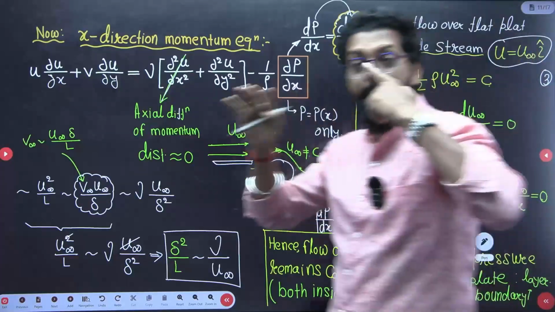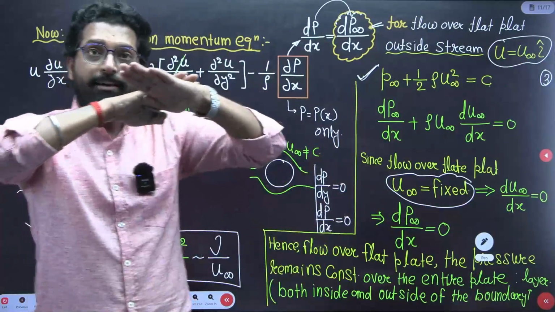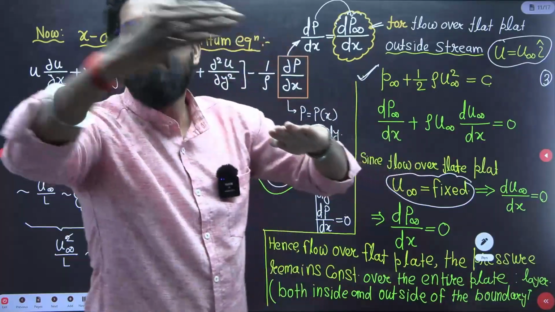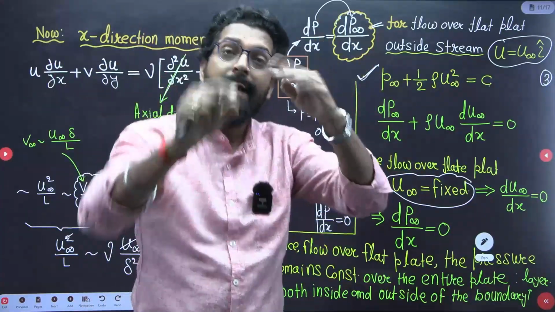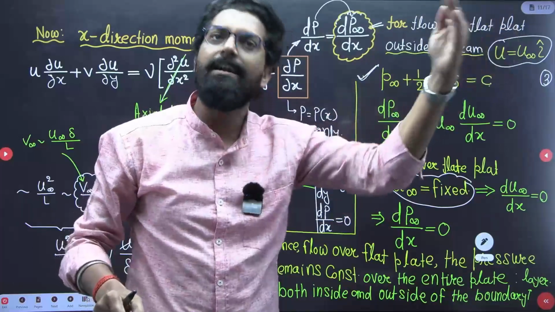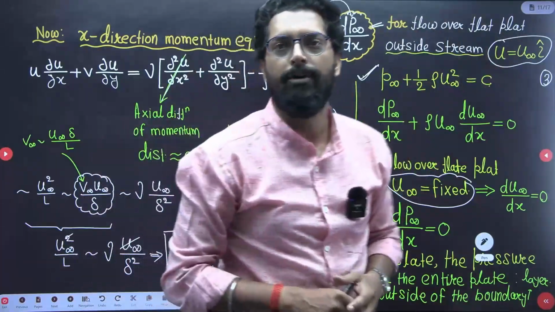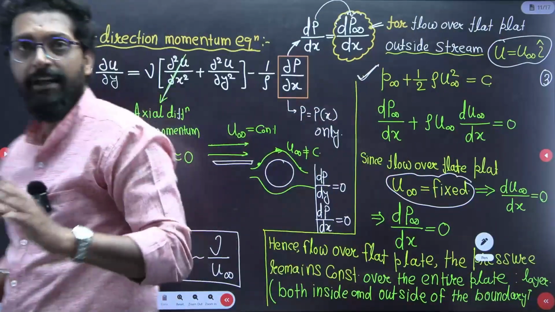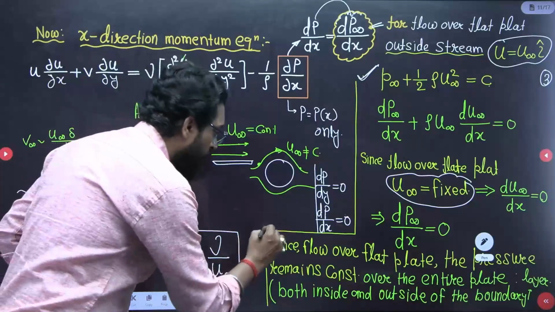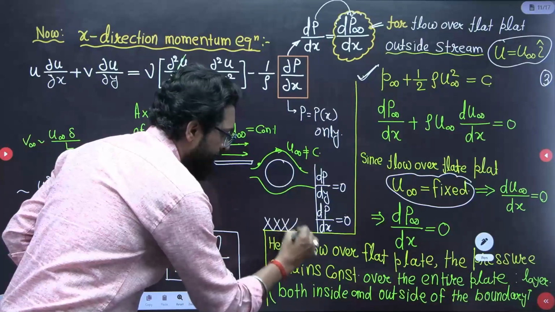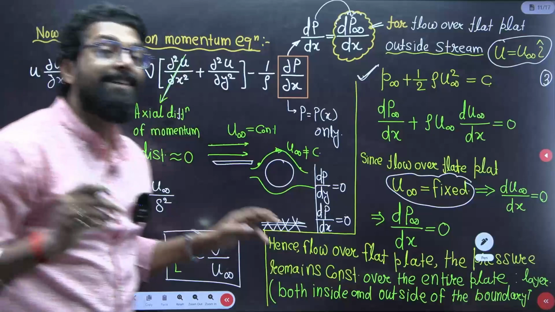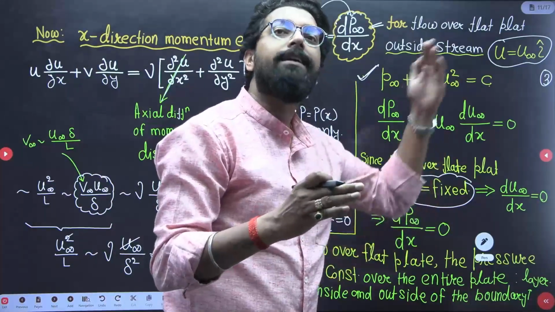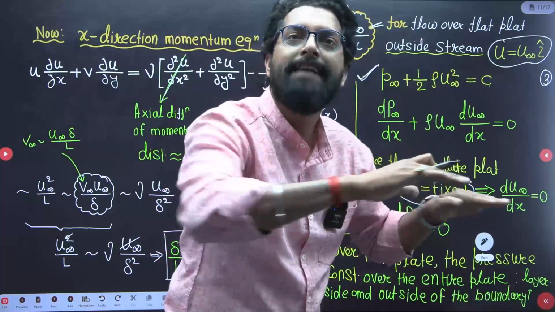That means there is a main conclusion. If someone asks you, for flow over a flat plate, the pressure over the entire plate remains constant, whether you are considering outside or inside the boundary layer. That is clear? So this is your main conclusion. Pressure doesn't change, pressure is constant, not 0, either inside or outside over the entire plate.